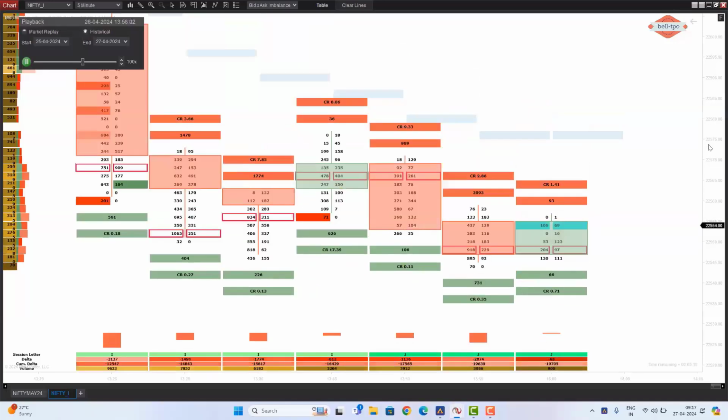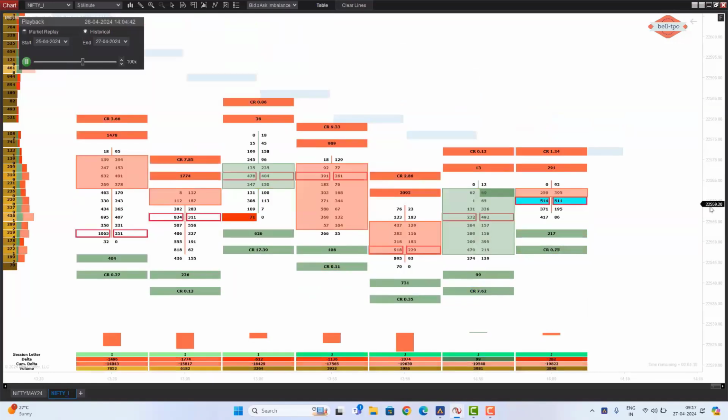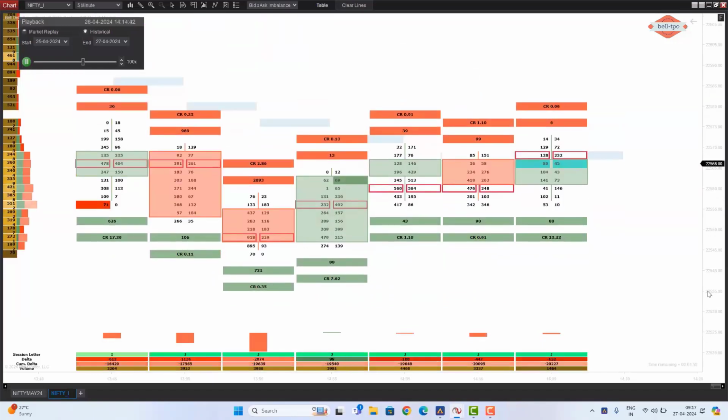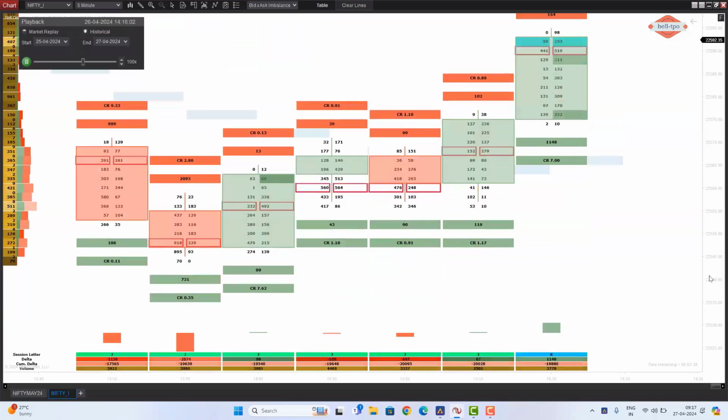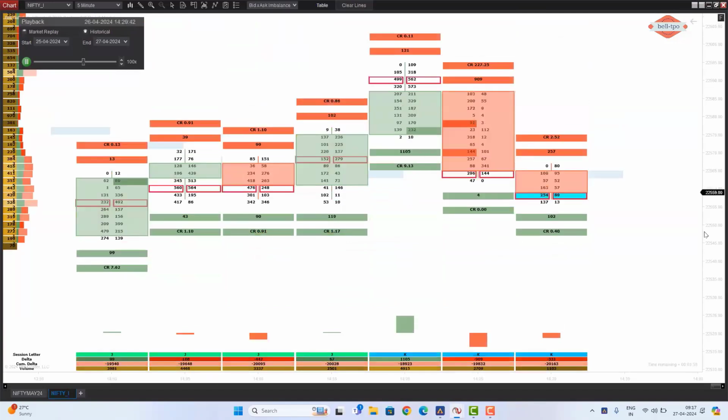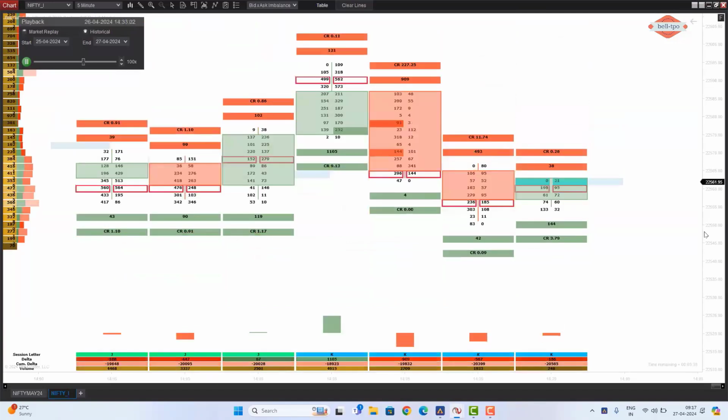From 1 o'clock till 2 o'clock, the seller intensity kept going on. I'm talking about the delta activity. If you observe the delta activity, only selling volume would have been seen around those levels. So naturally, nothing much happened later on.